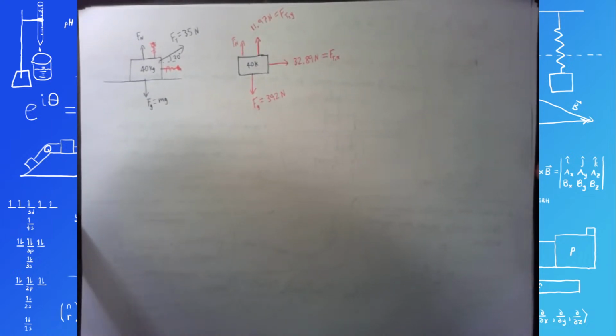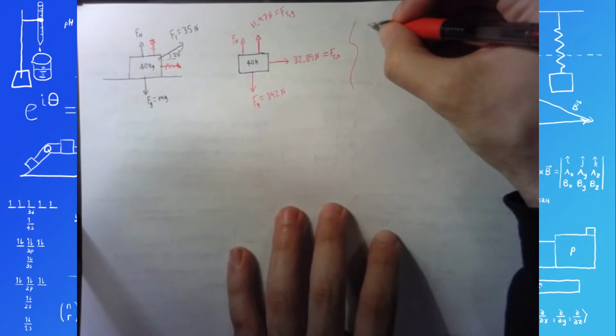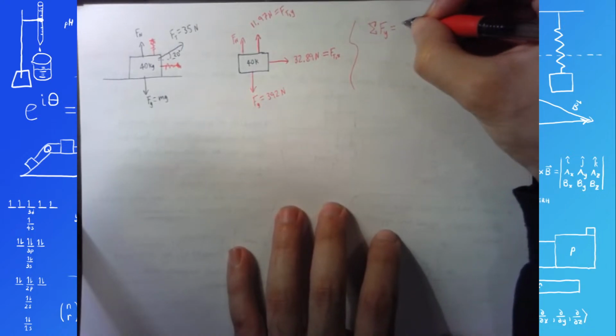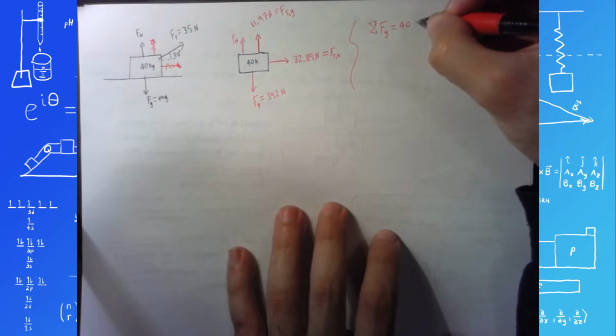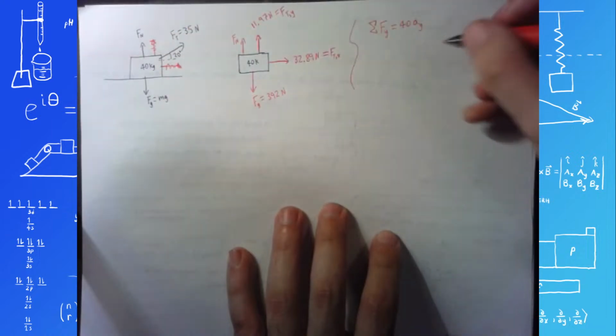Okay, so the questions were, what is the normal force on the box and what is the acceleration of the box? So for normal force, I can do net force in the y direction is equal to the mass, 40 kilograms, times the acceleration in the y direction. Well, I don't expect this box to accelerate vertically.